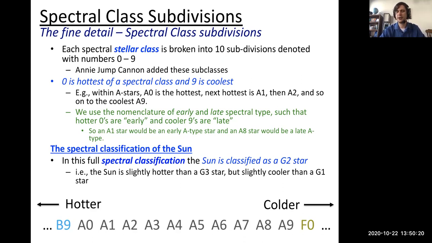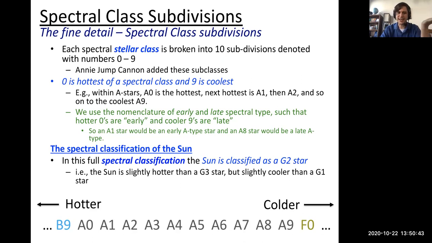You can look at those Fraunhofer lines and classify the sun this way. The sun comes out as a G star, so O, B, A, F, G. So it's on the cooler end of things. And within the Gs, it is an early G. It is a G2 star. It's a pretty hot G star.